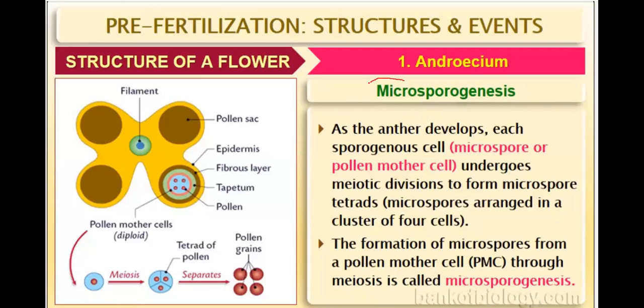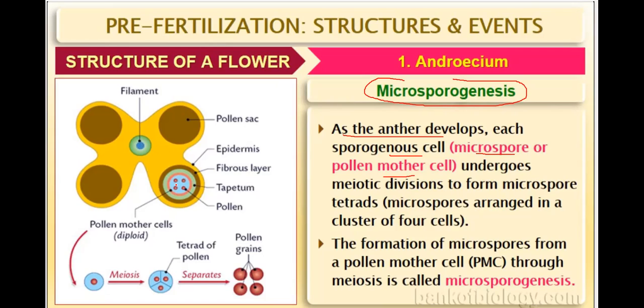Now microsporogenesis. What is microsporogenesis? As the anther develops, each sporogenous cell can function as a microspore mother cell, or pollen mother cell. Inner to the tapetum there are sporogenous tissues made up of cells.